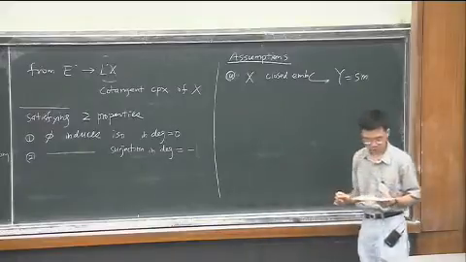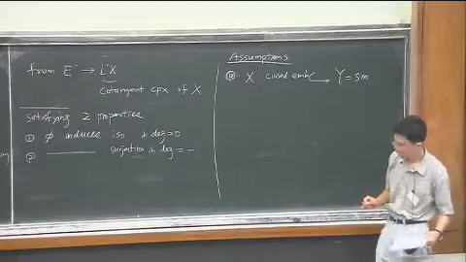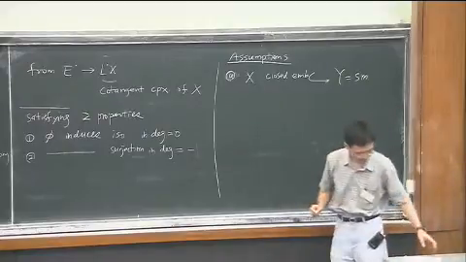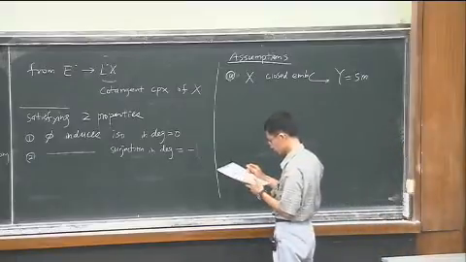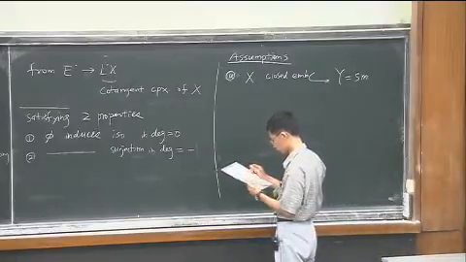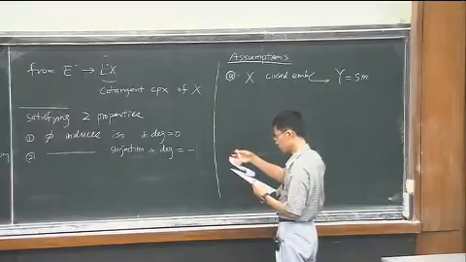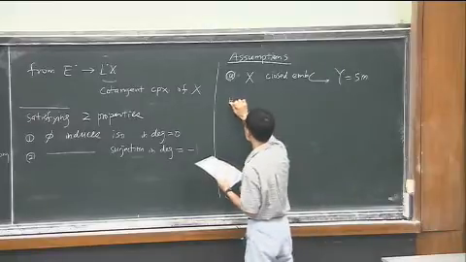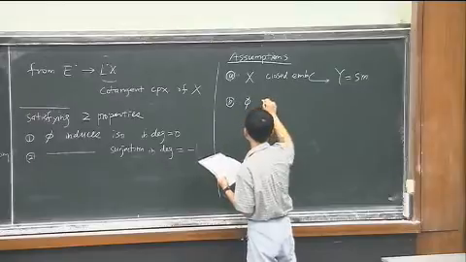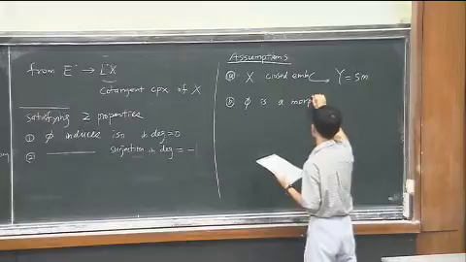For today, you can think of everything as schemes mostly. And then the second assumption I'm going to make here is that phi is a morphism of complexes.